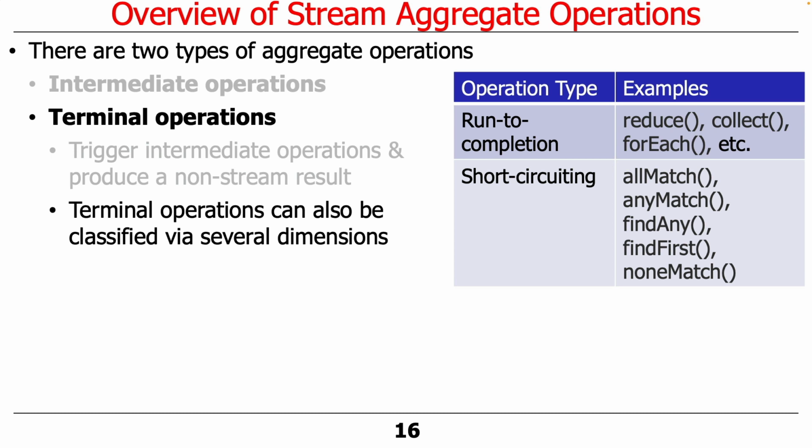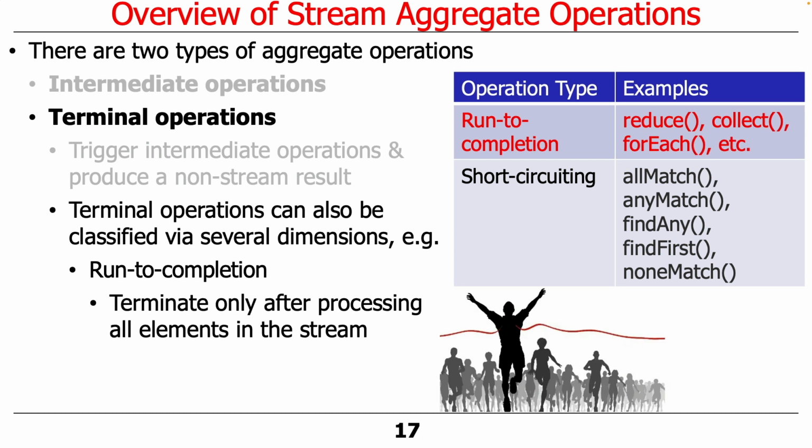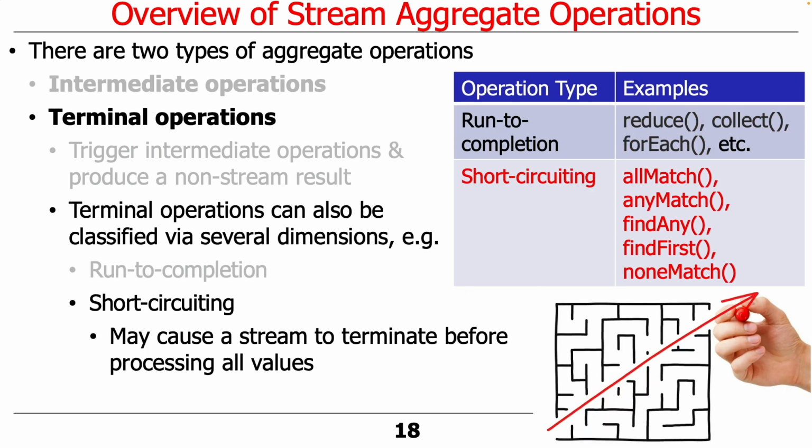So terminal operations can also be classified into run to completion versus short circuiting. Things like reduce, collect, forEach will terminate only after every element in the stream is processed. But there are other ones like all match, any match, find first, find any, none match, and so on, that may terminate before all the values are processed based on predicates that are passed.